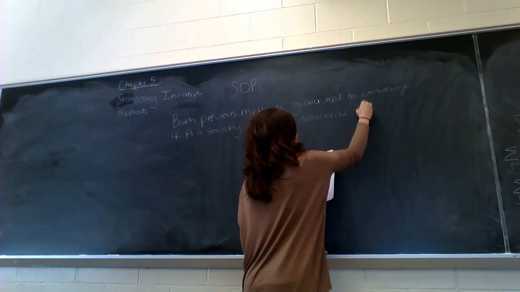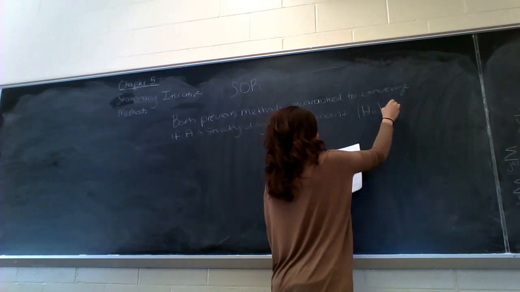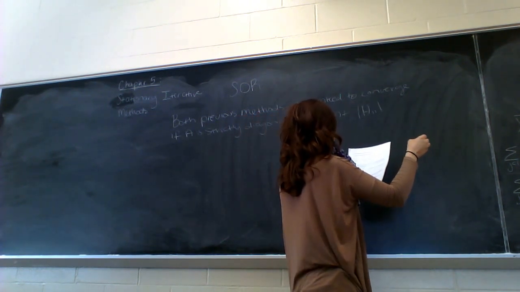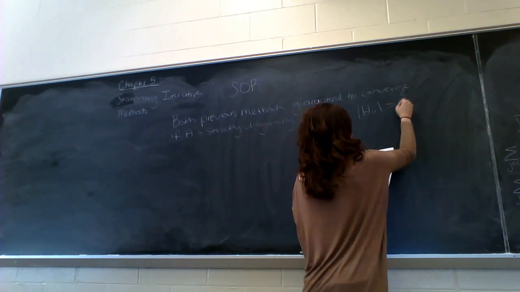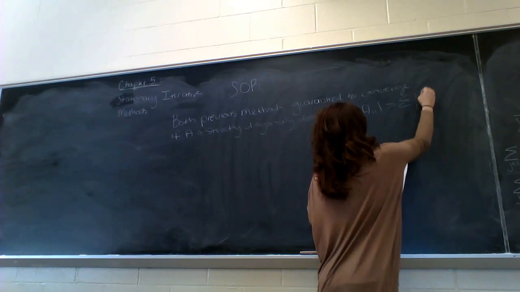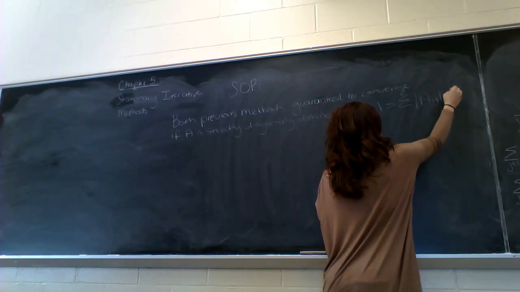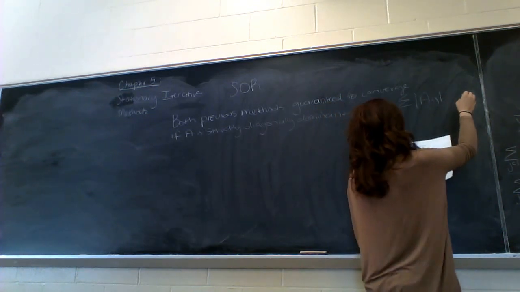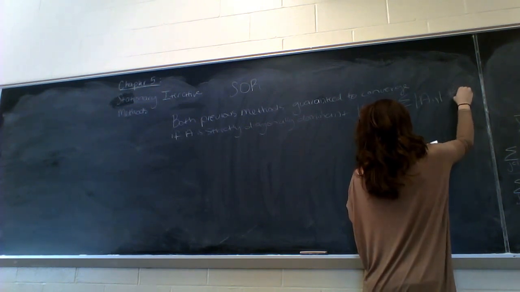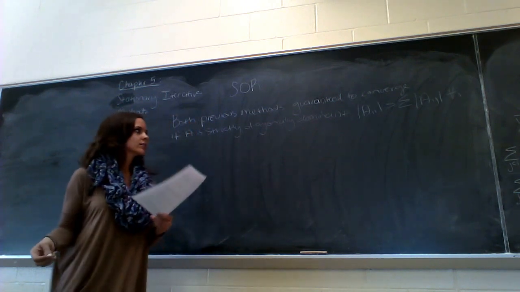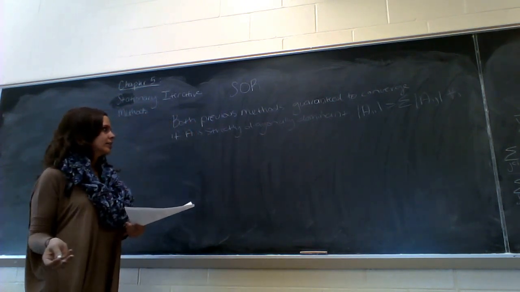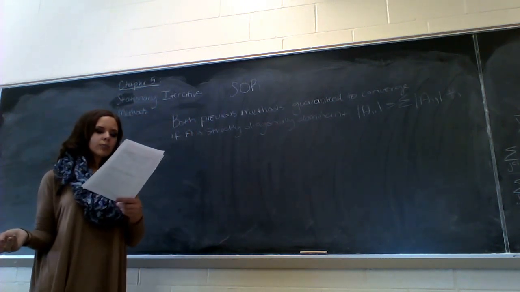And that means the absolute value of any diagonal element has to be greater than the sum of the absolute values of all the other entries in the row, for each row. So that's one way that we can guarantee convergence for both of these methods.